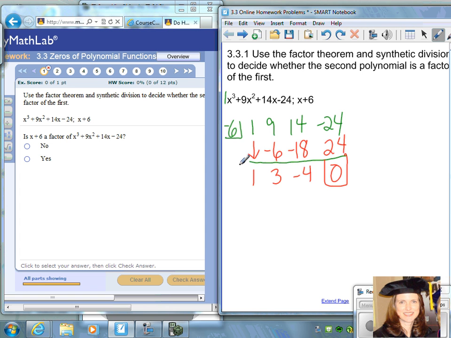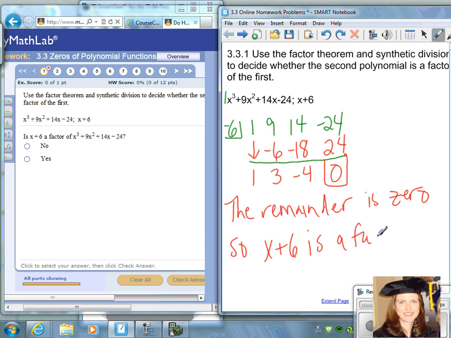Since the remainder is 0, we can say that x plus 6 is a factor of this polynomial. So let's check our answer.